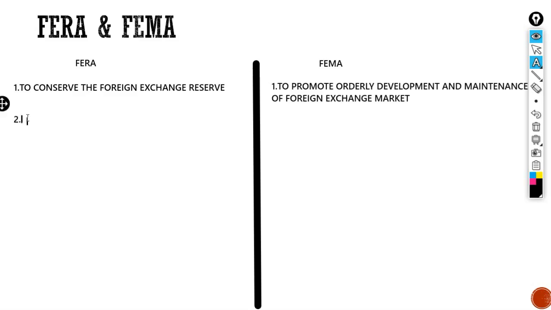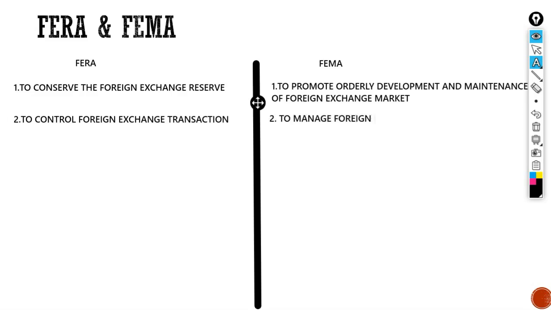Second, the other objective of FERA was to control foreign exchange transactions, whereas for FEMA it was all about managing foreign exchange transactions.